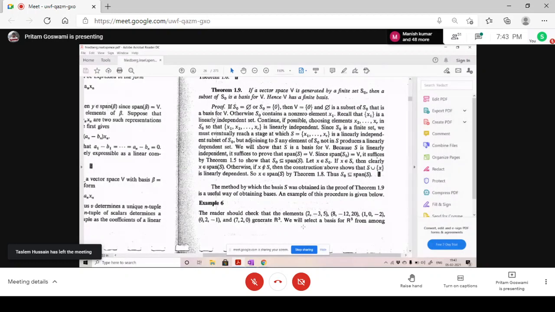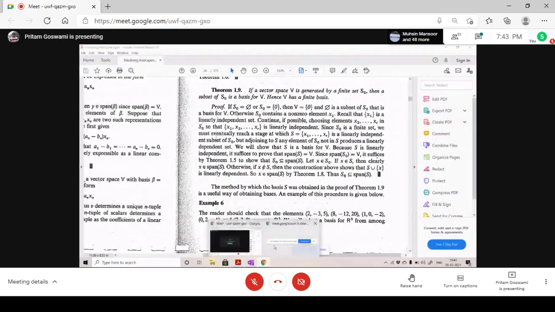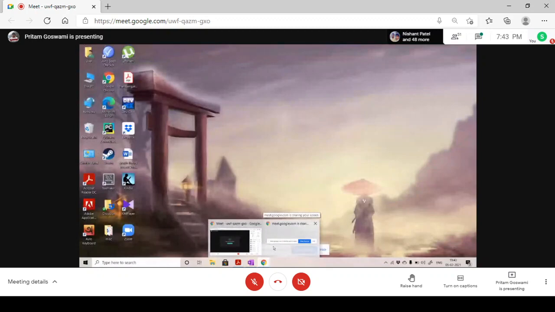Okay, what is the mathematical meaning of span? I told you in the previous class. Span is basically the set of all linear combinations.